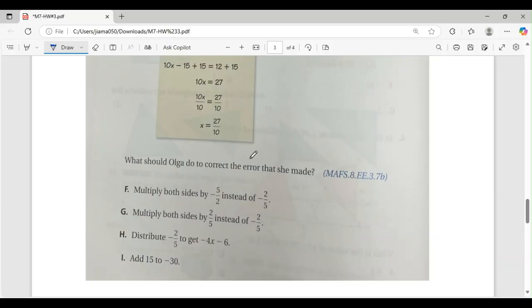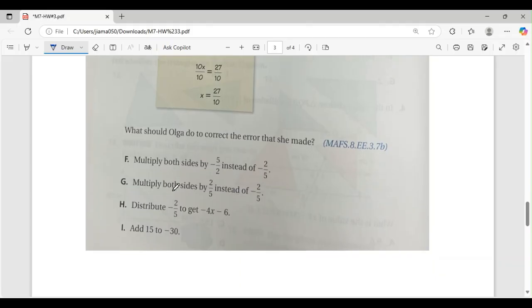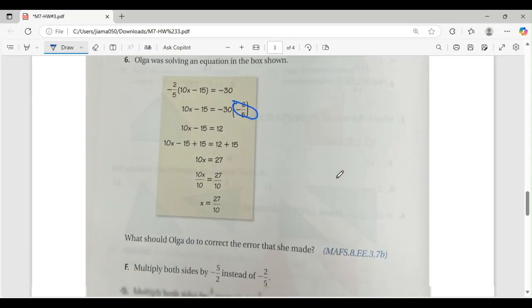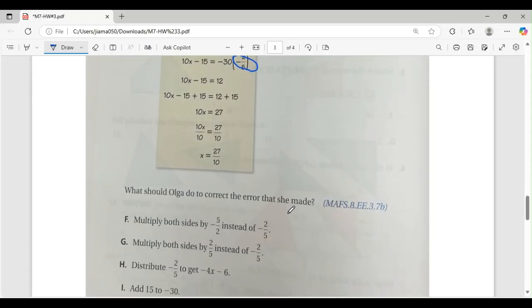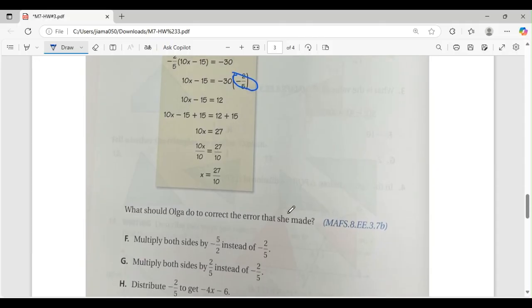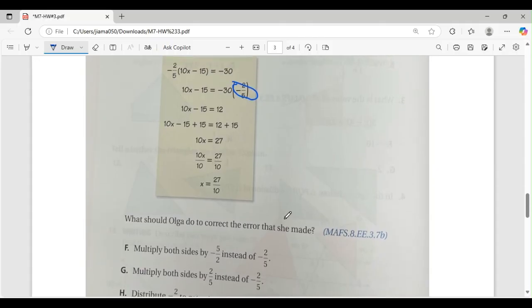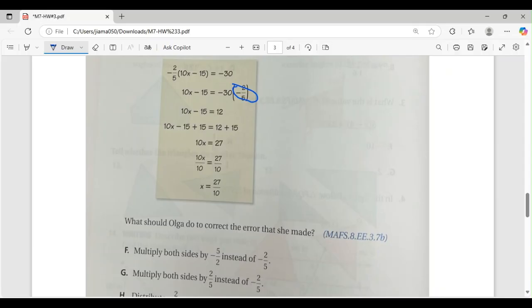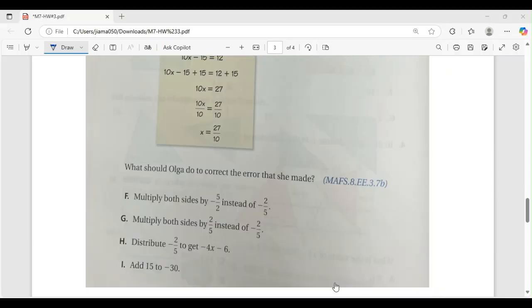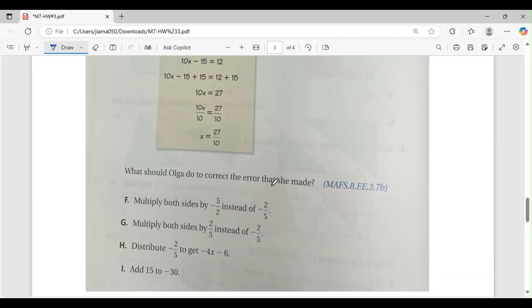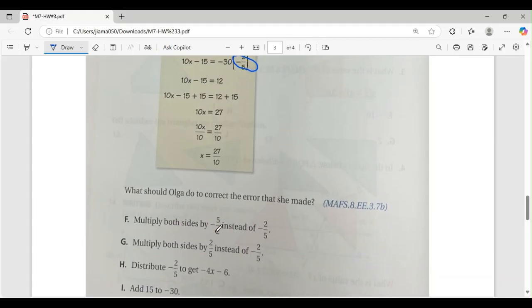So let's see the options. F says multiply both sides by -5 divided by 2 instead of -2 divided by 5. Okay, let's check if it's correct. After checking, we can find that letter F is correct.